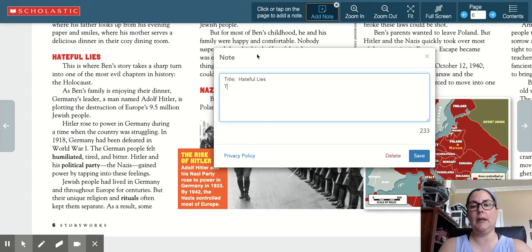Because it's part of the introductory paragraph of this section, I need to include the topic of the Holocaust because that's important, right? And then I'm going to look for things to include.